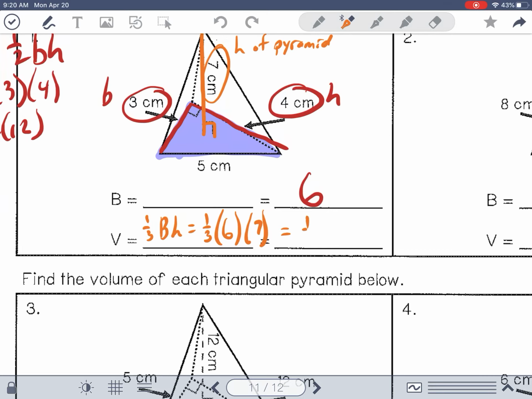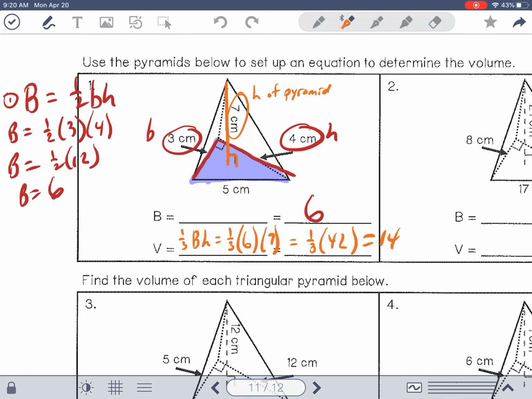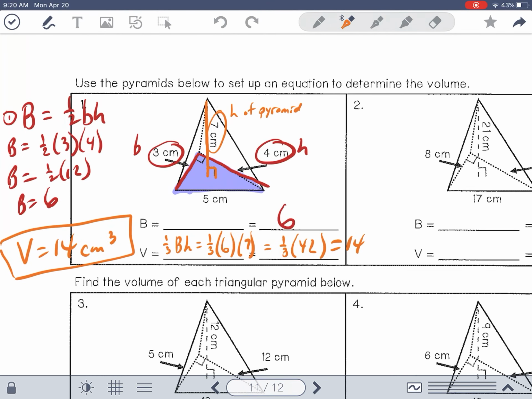All right, so that would give me 1/3 of 42, and 1/3 of 42 should be 14. So the volume is 14 cubic centimeters. There is the volume of a triangular pyramid.